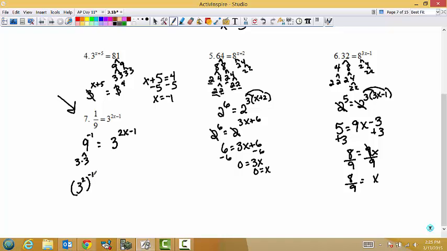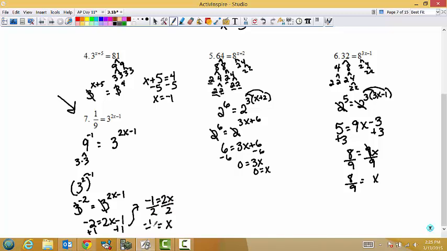And remember, when you raise a power to a power, you multiply, so that's 3 to the negative 2 equals 3 to the 2x minus 1. Cancel the 3's. Add 1. Negative 1 equals 2x. Divide by 2. x equals negative 1 half.